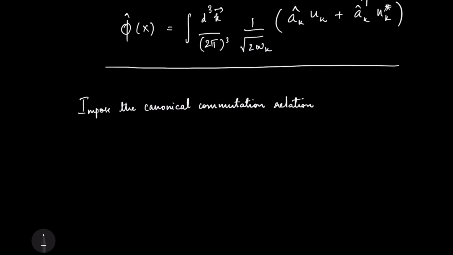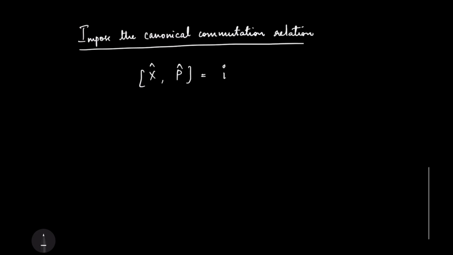In quantum mechanics, if you have a single particle, then the commutation relation will be x cap, p cap is equal to i. And if you have multiple particles, then I have to represent x as xa, where a is equal to 1, 2, 3 up to n. So if there are n particles, then it will go up to n.